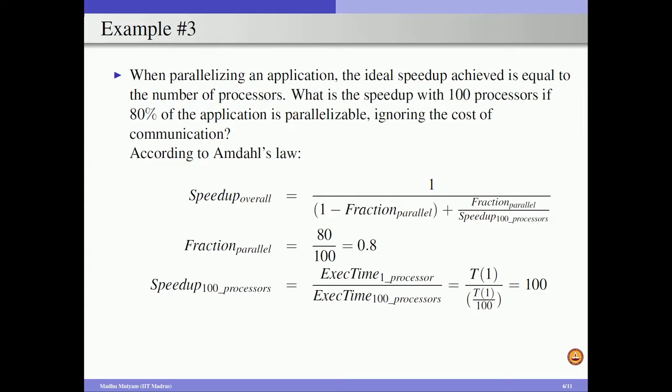Well, T1 is the total time it takes for a single processor to complete the task, and the speed up is 100 here. The speed up overall is 4.8, which shows that even when you have 80% of the code parallelizable, and even with 100 processors at your disposal, you cannot get more than 5% improvement in performance.